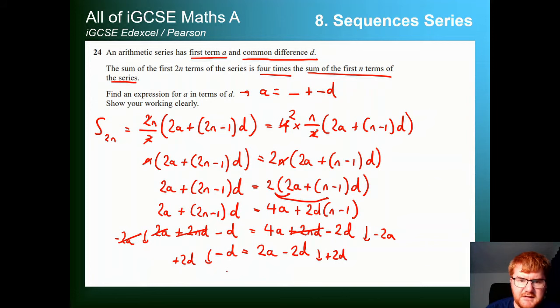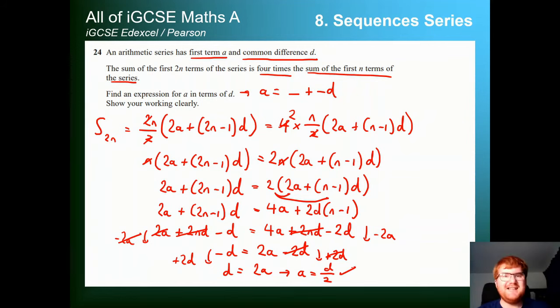And if we add then 2d on both sides, minus d plus 2d is just d, and that's equal to just 2a. And we want a in terms of d, so we just need to divide by 2 on both sides and that gives us a is equal to d over 2. So all that's saying is the first term is half of the common difference in order for this to be true. So our final answer here is a is equal to d over 2.